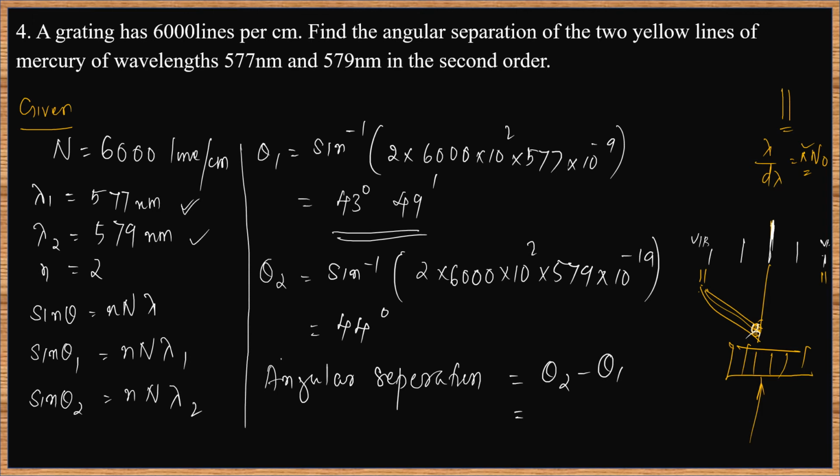So that is around 11 minutes. I hope it is clear, and you understand the meaning of angular separation: each line makes an angle with the normal, and the corresponding angle of diffraction for each line. That is the basic idea of this problem.